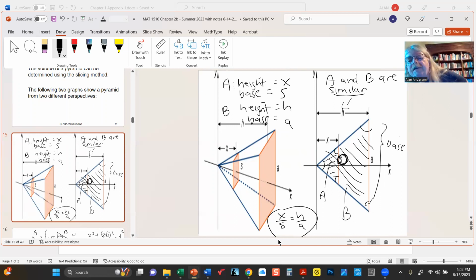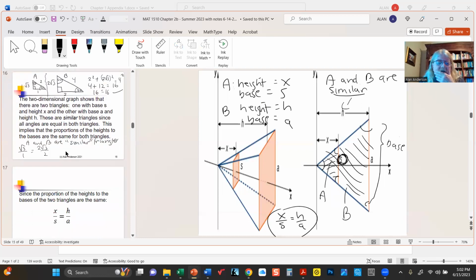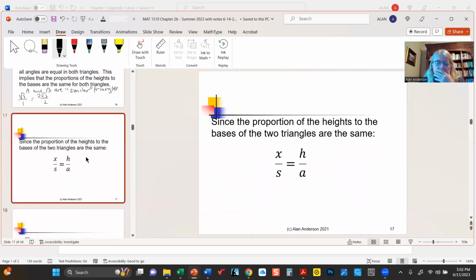They must have the same ratios. Well, how does that help us? Well, let's find out. Okay, so the two ratios are the same.